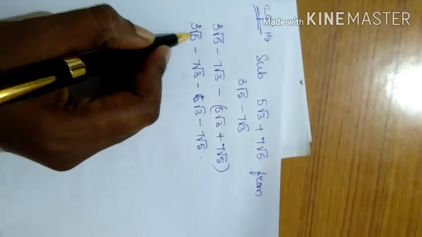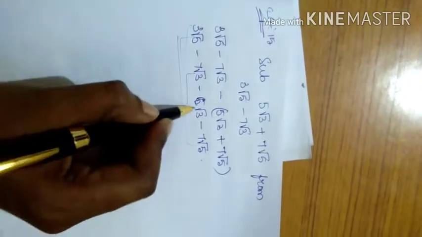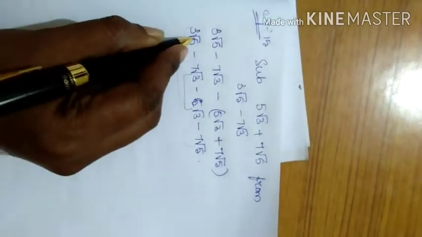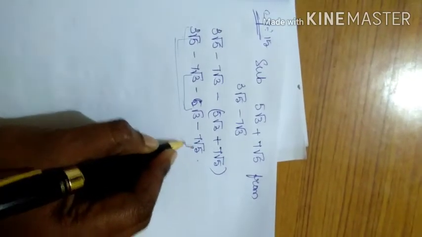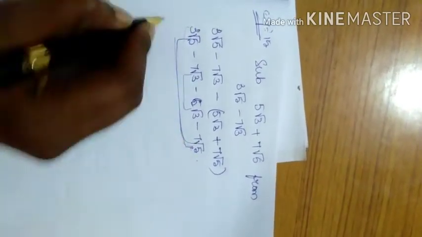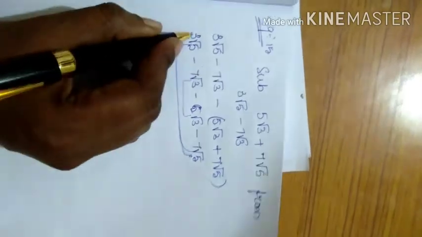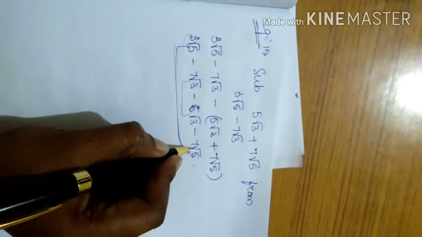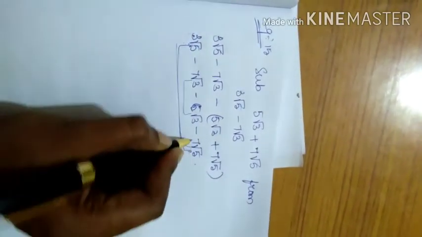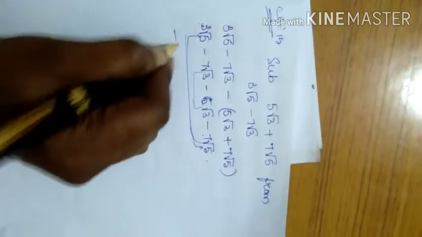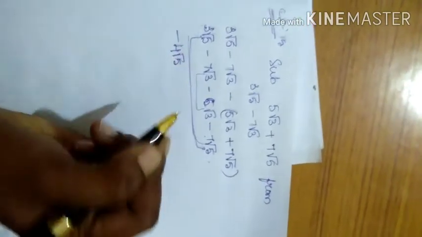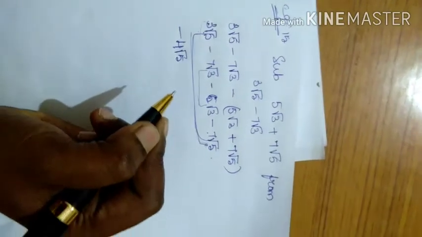If you observe this step, these two are like terms and these two are like terms. So compute the like terms. 3 root 5 minus 7 root 5 is 3 minus 7, which means minus 4 root 5.